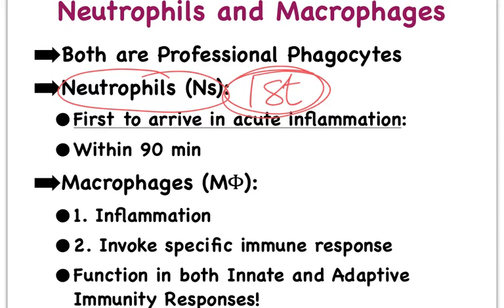So we're going to see that the macrophages really have a function in activating both the innate as well as the adaptive immune system in inflammation. Of course, it's the innate immune system that is going to kick in primarily first because your lymphocytes are not going to arrive until much later.